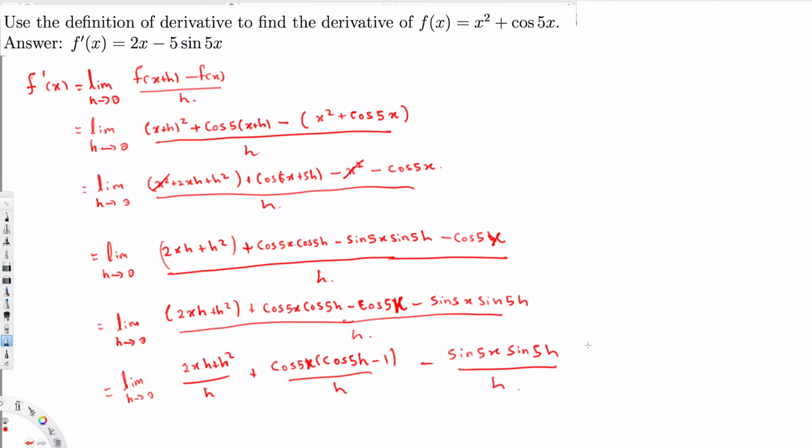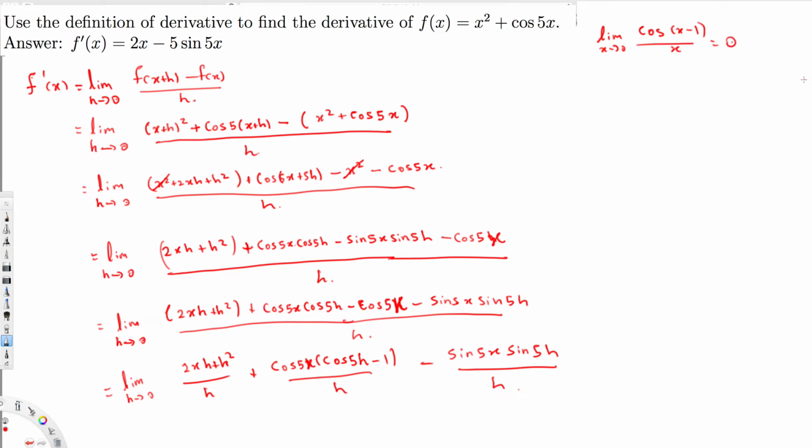So before I go further, I have to mention two things. First of all, we have to remember that there's a general rule: when limit x approaches 0, cos x minus 1 over x is equal to 0.